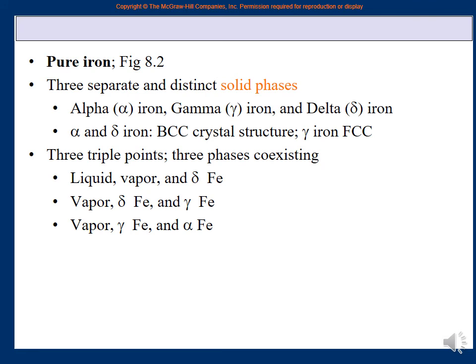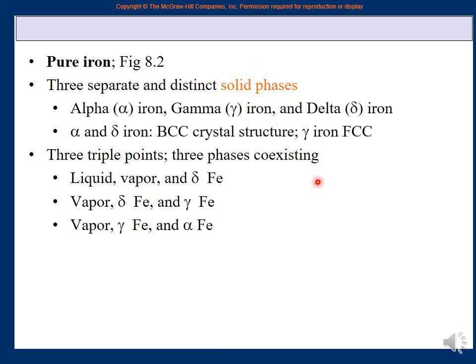Let us now take the example of a metal, pure iron, right? You will see on the next page, we will see the figure. So now it is a metal rather than water. You will see that there are three separate and distinct solid phases. When you heat and melt it, it will be all liquid.